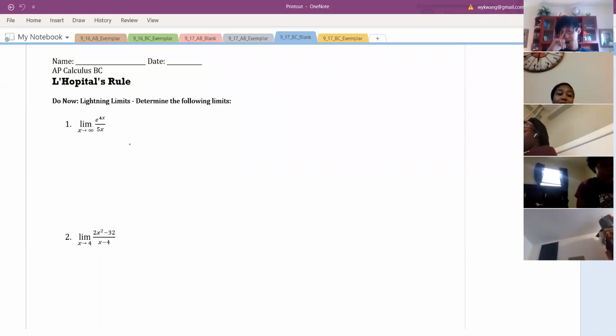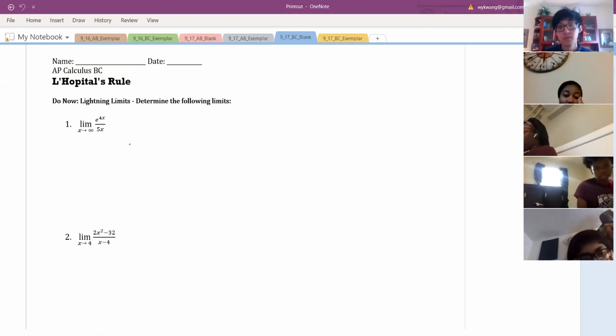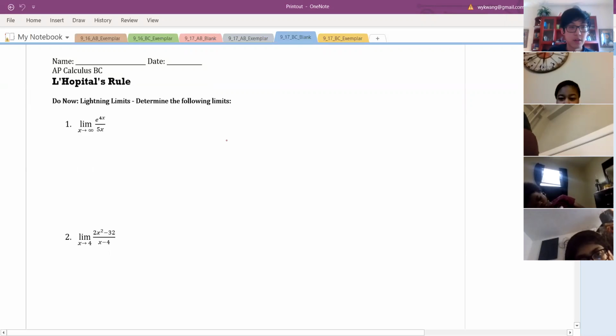For the first question, since e to the x power is dominant over x, I got infinity. That's right? Yep, that's exactly right. So there is a hierarchy of dominance.